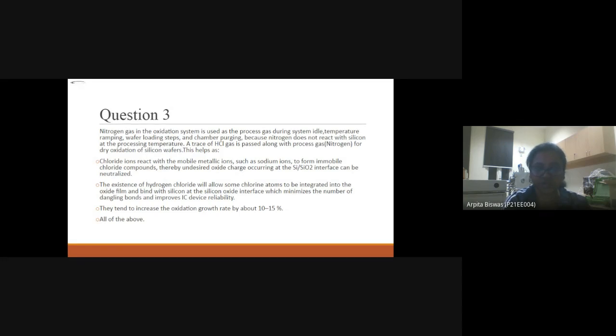The first option is chloride ion reacts with the mobile metallic ion such as sodium ion to form immobile chloride compound, thereby undesired oxide charge occurring at the silicon dioxide interface can be neutralized.